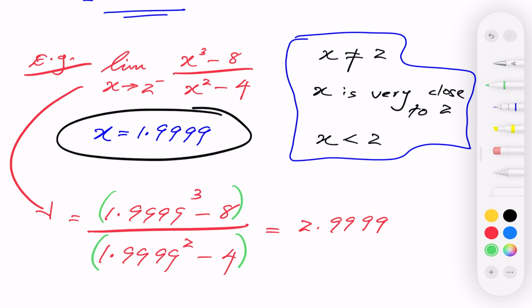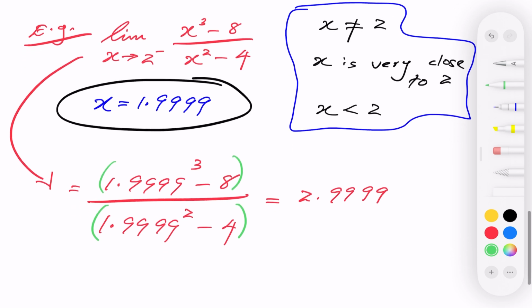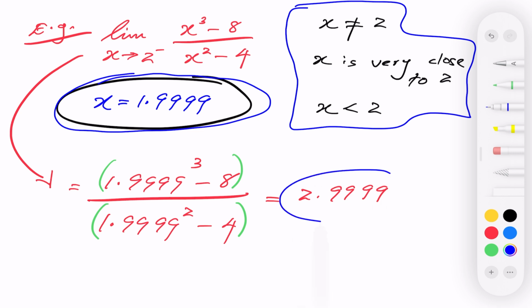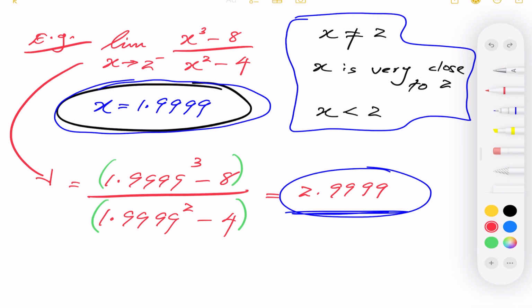You should get 2.9999. That means if I do a better substitution for x, such as x equals 1.109, my final answer should be very close to 3, even closer than the answer that I already have. Therefore, we conclude that the limit of this function should be equal to 3.